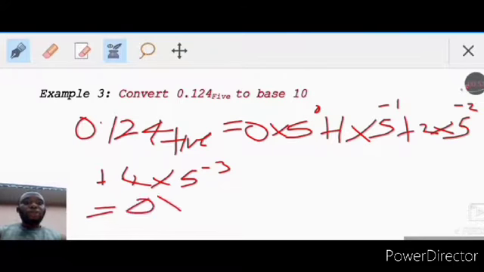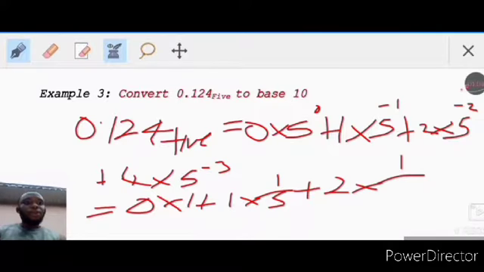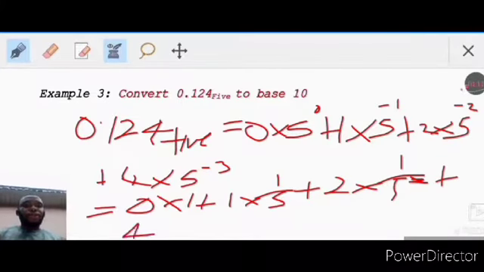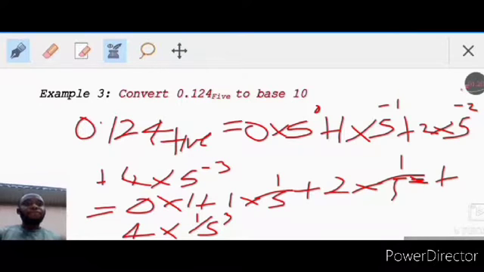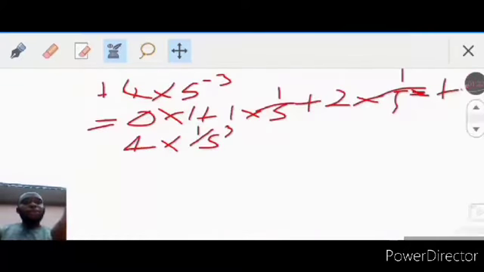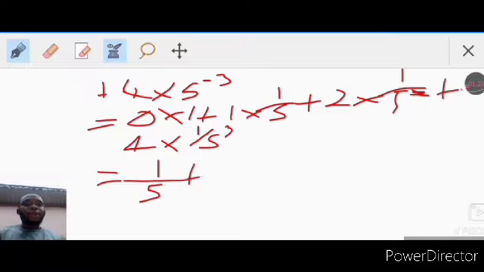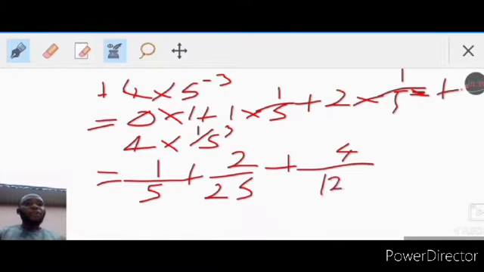Equals 0 times 1, plus 1 times 1 over 5, plus 2 times 1 over 5 raised to power 2, plus 4 times 1 over 5 raised to power 3, which will now give us 1 over 5 plus 2 over 25 plus 4 over 125.